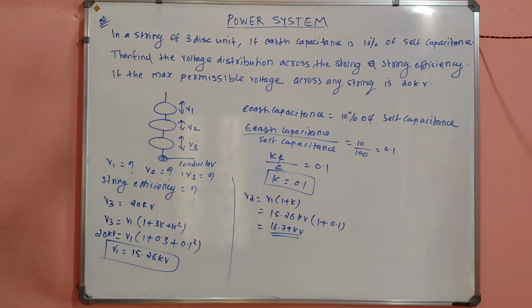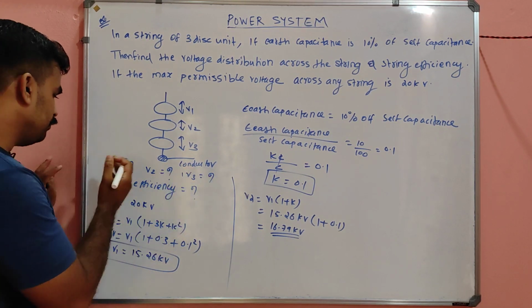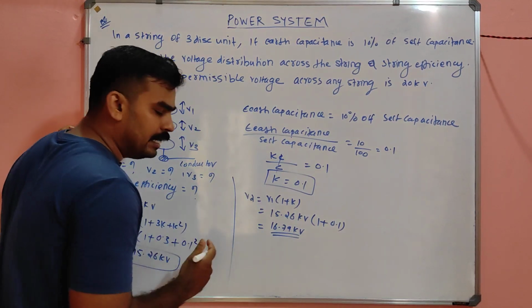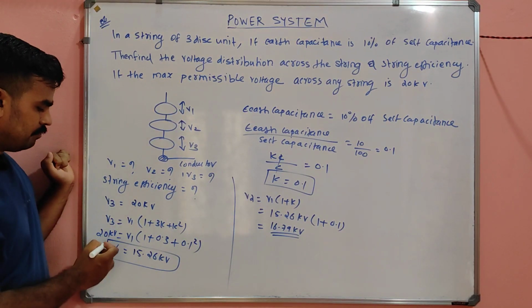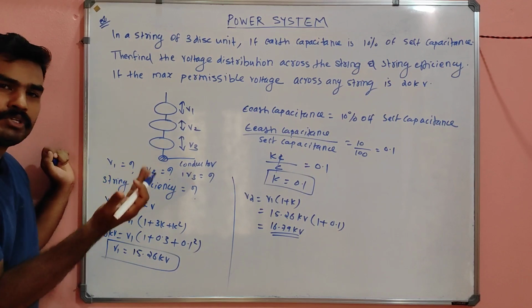Now you have V1, V2 and V3, the voltage distribution across the string.